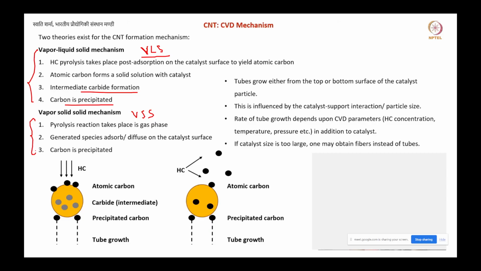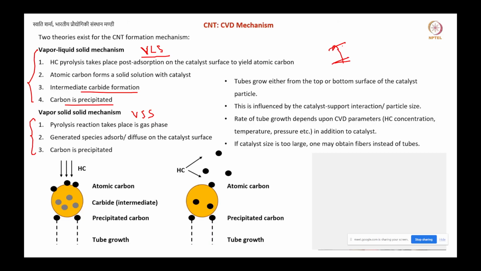The tube can grow either from the top or from the bottom surface of the catalyst. This is influenced by the catalyst support interaction or the particle size.